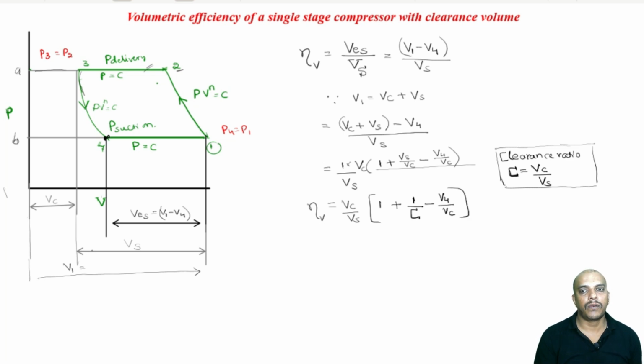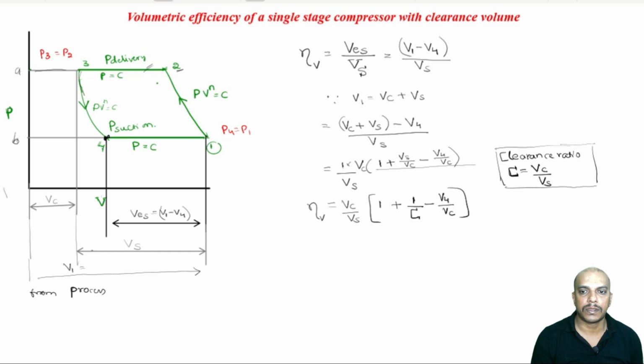Now what can V4 by Vc be written as? I will simplify it here. We are talking about somewhere between 3 and 4, right? Because Vc is clearance volume, that is V3, and V4 is the point where 3 and 4 is. So I will consider the process 3 to 4.